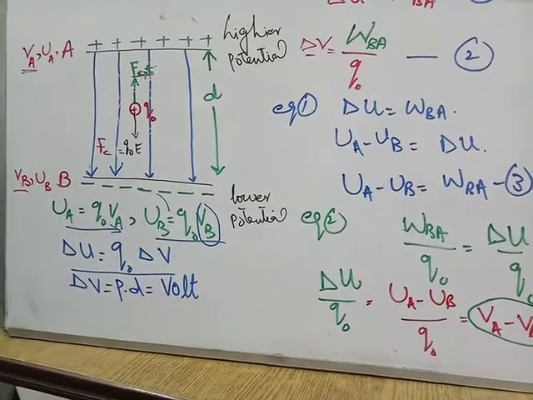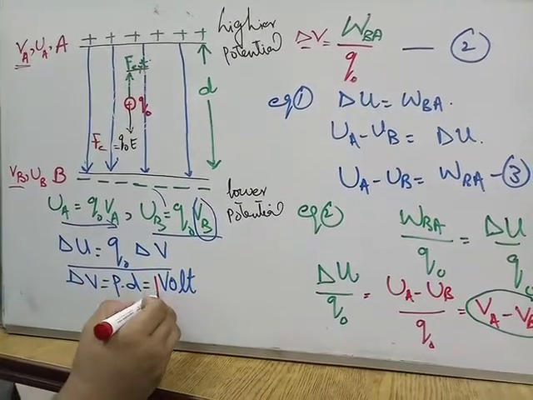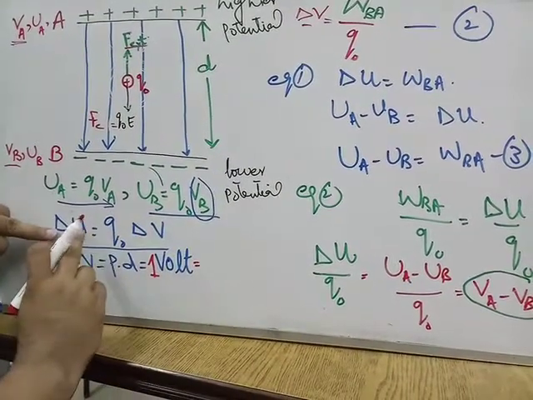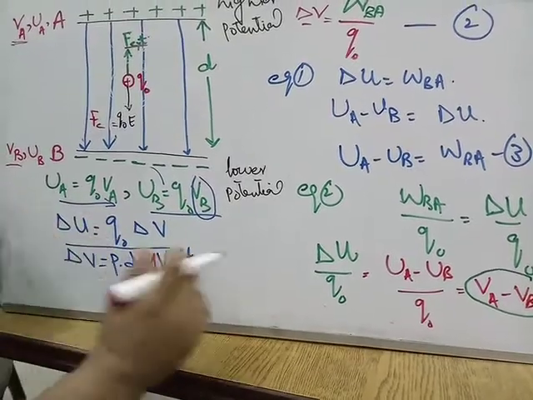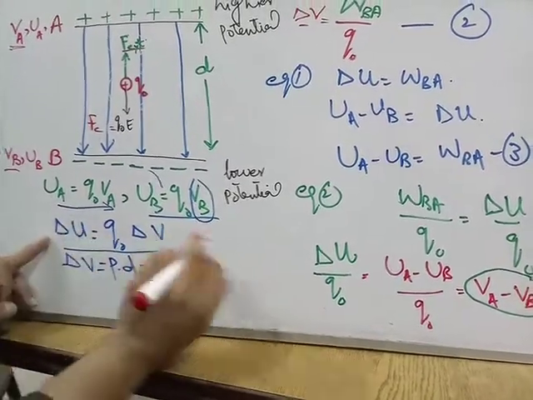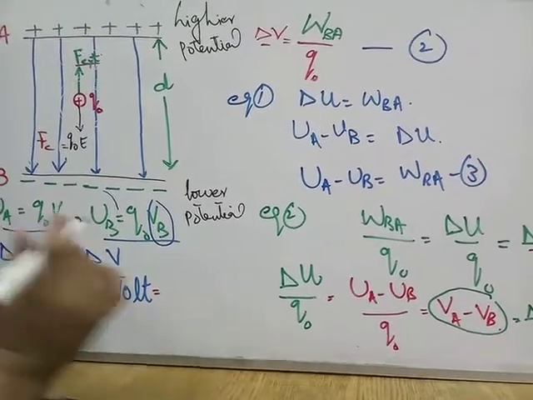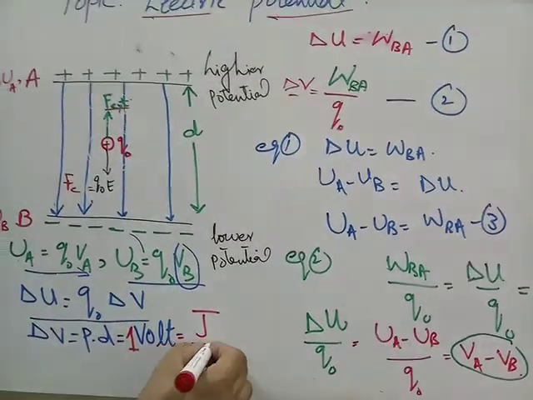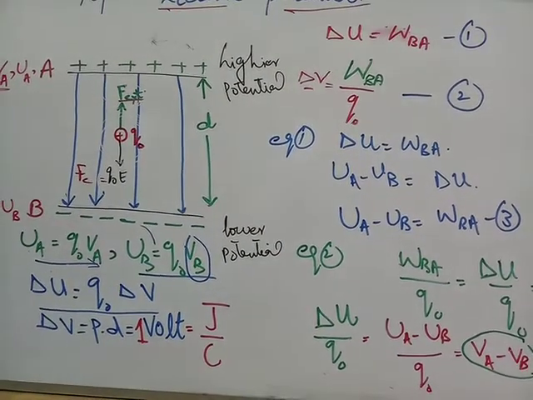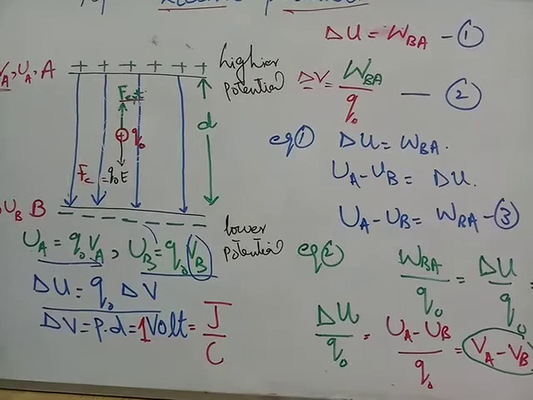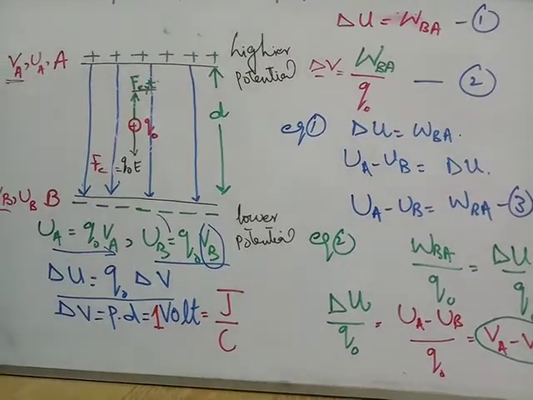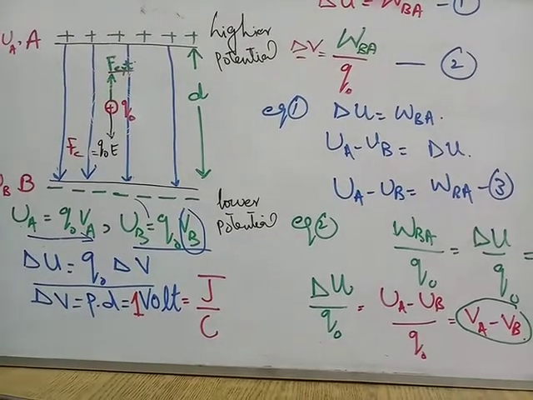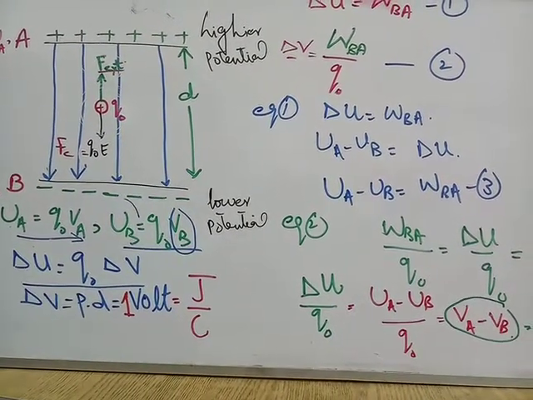If we divide potential energy by Q naught, the unit of potential energy is joule and the unit of charge is coulomb. So 1 volt is equal to joule per coulomb. So joule per coulomb is called volt, and volt is the unit for potential difference.